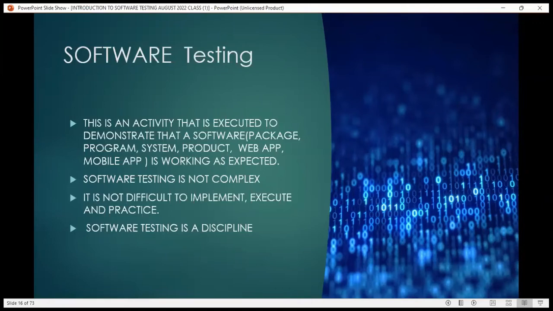Software testing is not complex, it's not difficult to implement or execute. It is a discipline. So me calling software testing is a name of a role. It's a job. It's a title of a role. It's just like you saying you're a teacher. That is a role. That's the name of that thing.